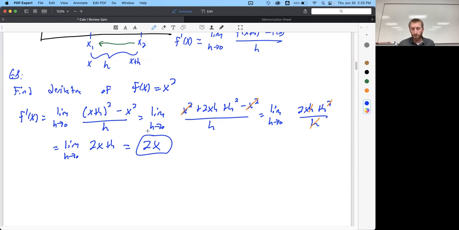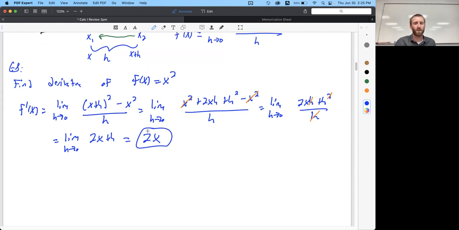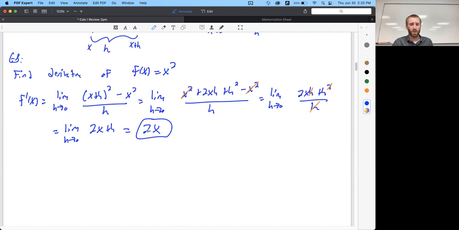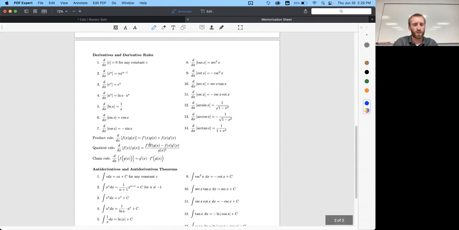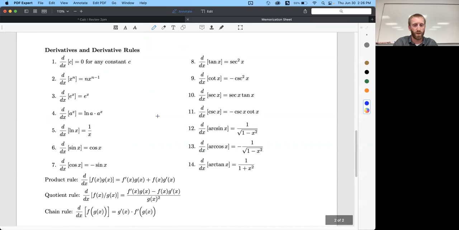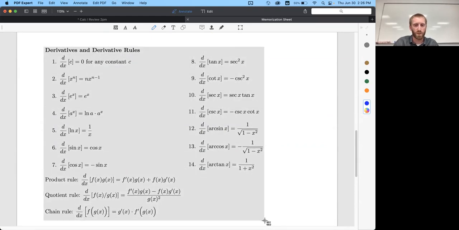Okay, so you use this definition, I don't know, a few days, a week, and then you're like, well, that's really annoying to use that definition every single time. And so it's much nicer to learn a couple of rules for derivatives. So I will put them here. This is just from the memorization sheet.